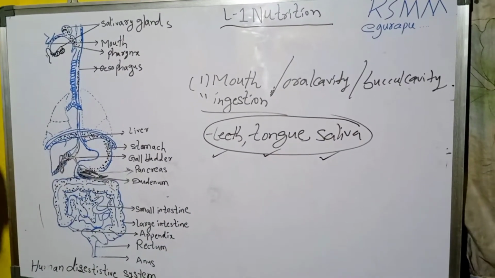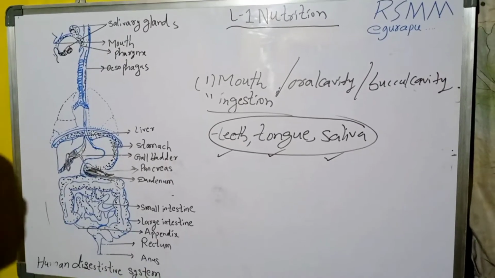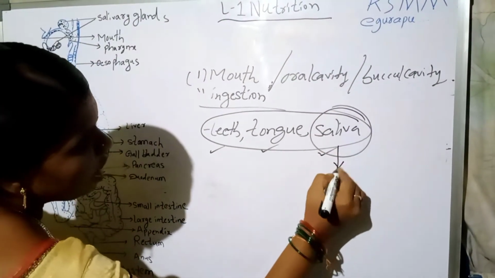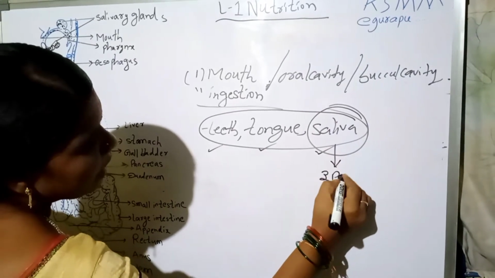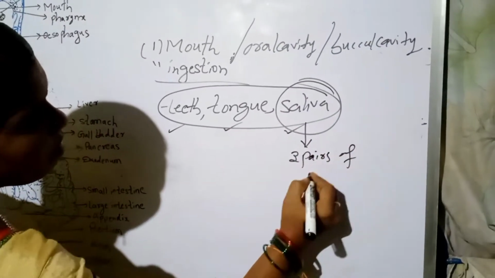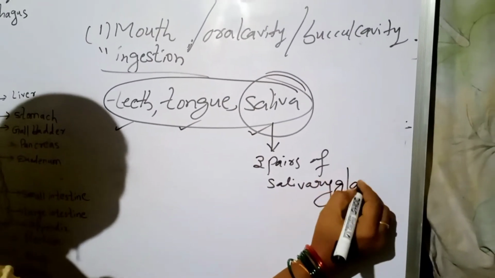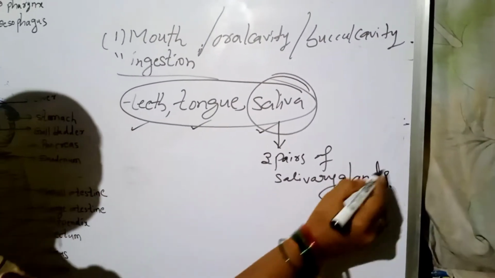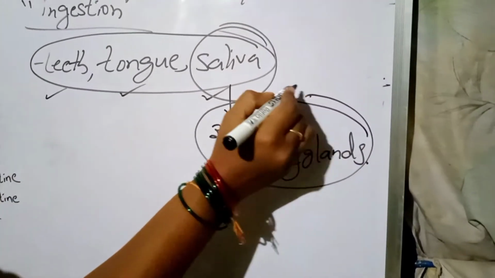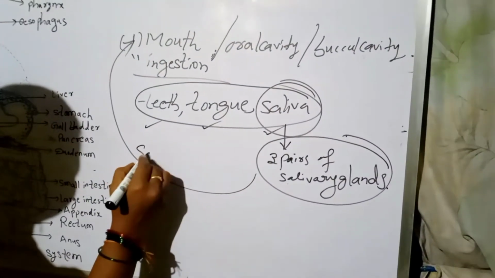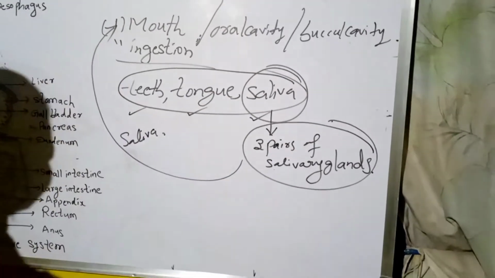And 3 pairs of salivary glands are present in the buccal cavity. These glands secrete saliva into the mouth.